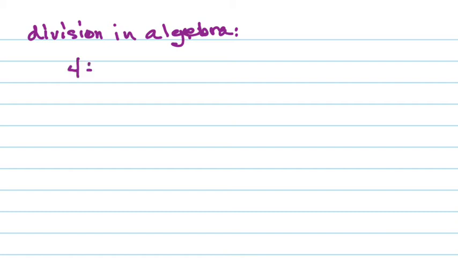Now you will still see the old traditional division symbol. But if you look at the division symbol, and we've talked about this before, it is really just a fraction bar with a dot for the numerator and a dot for the denominator. Originally, division wasn't written using the division symbol.